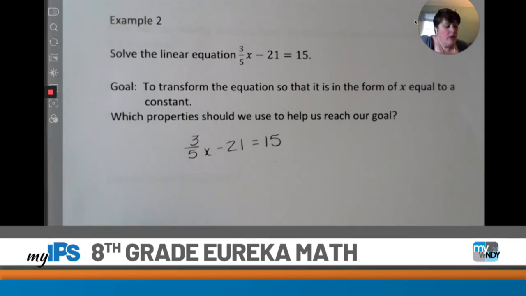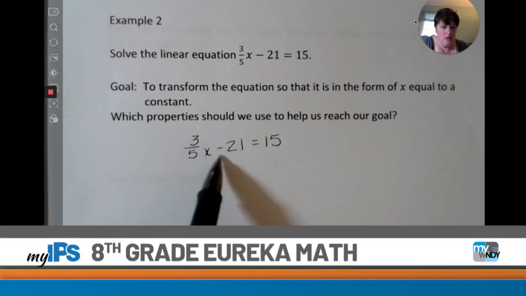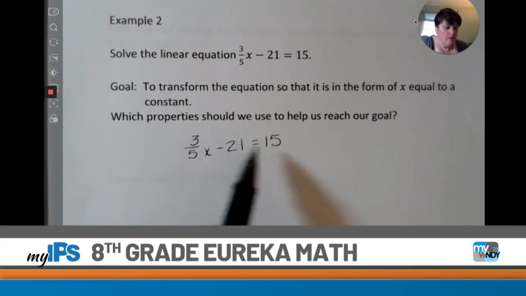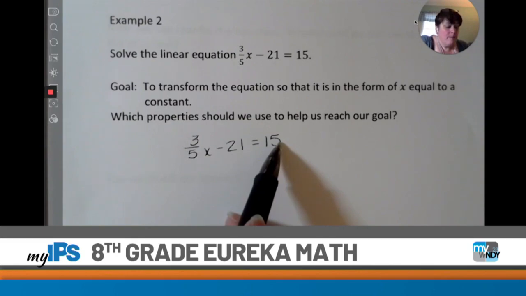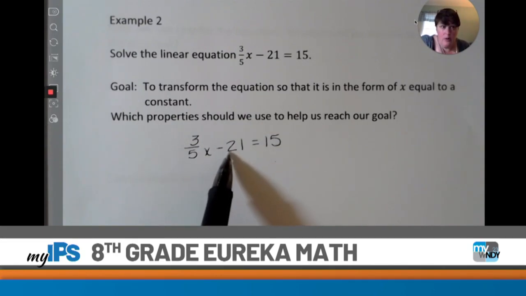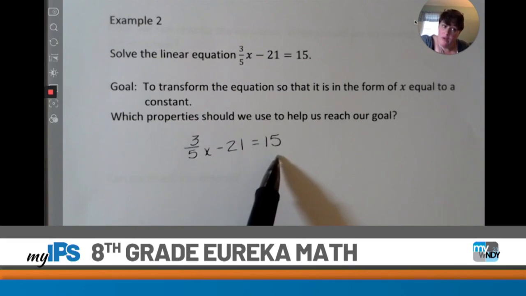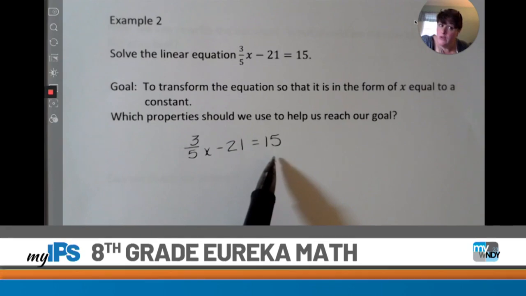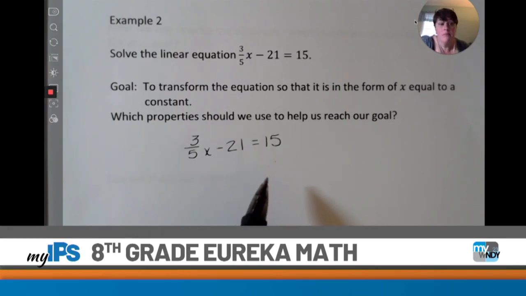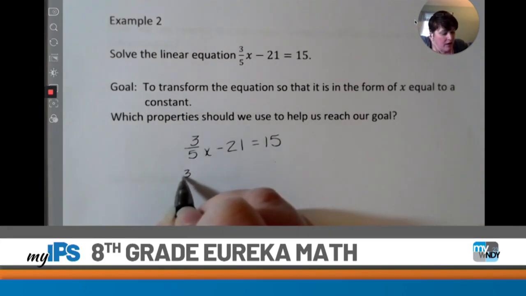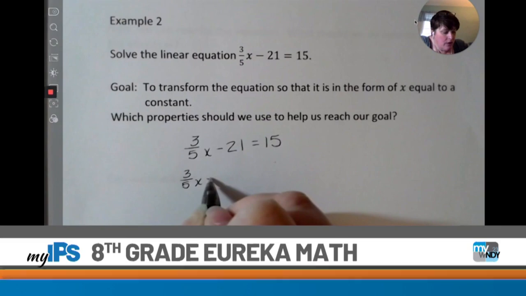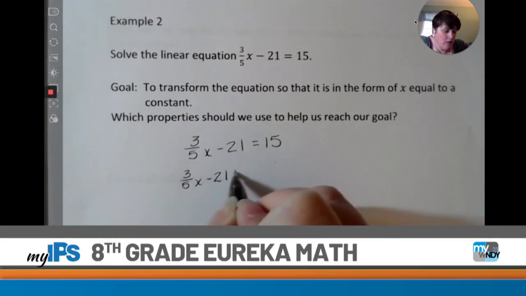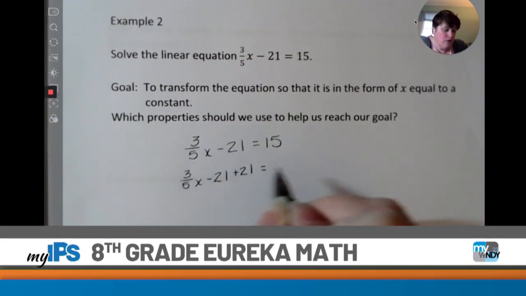So we need to move this constant over to the other side. But I can't just move -21. What's the opposite? Are you thinking it's +21? You're correct. So 3/5 x minus 21 plus 21 equals 15.